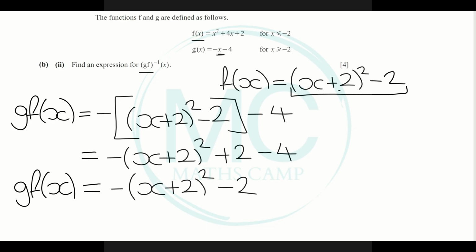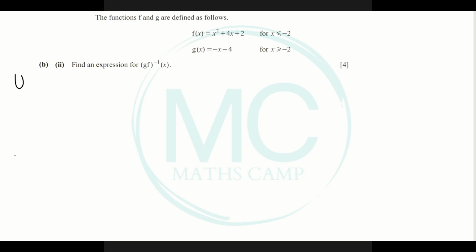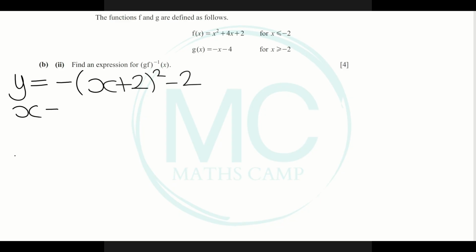Now I can use this to find the inverse. Let's start by making y the subject. I'm going to rewrite this as y is equal to negative (x + 2) squared minus 2. To find the inverse, I need to swap my x and y variables around. So this becomes x is equal to negative (y + 2) squared minus 2.